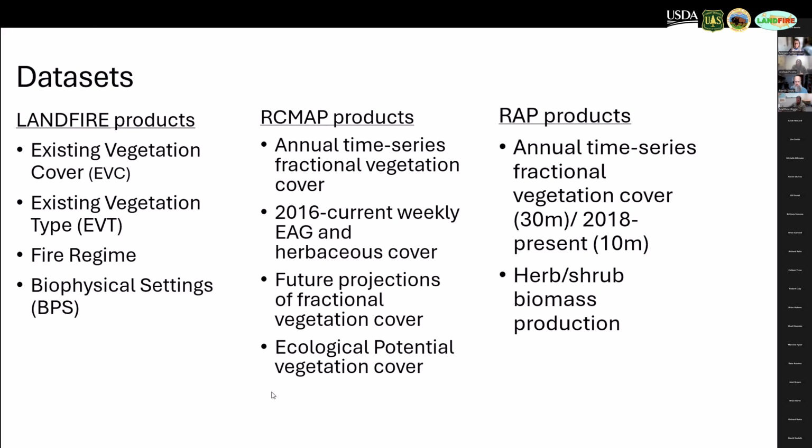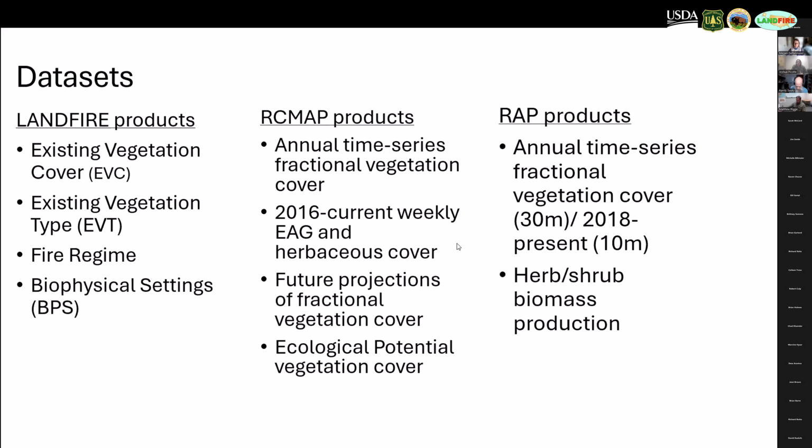So RCMAP also produces a series of weekly temporal resolution exotic annual grass data, some work on future projections of fractional cover based on some climate scenarios and ecological potential, which is just the potential cover given a lack of disturbance and a lack of invasion from invasive grasses.